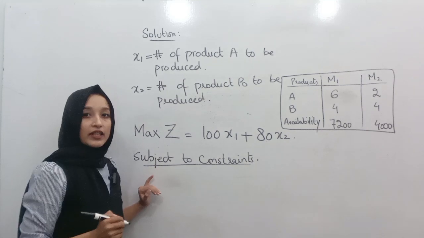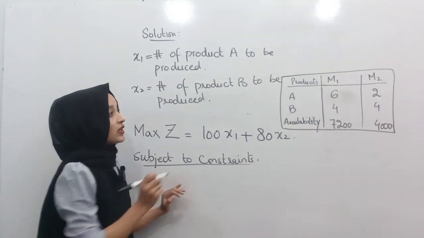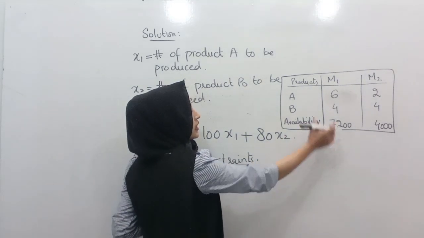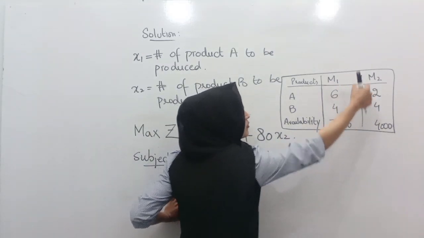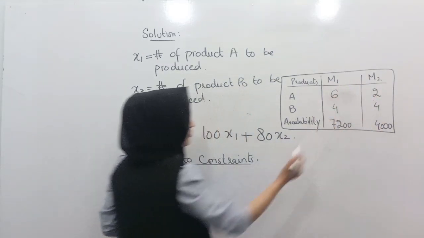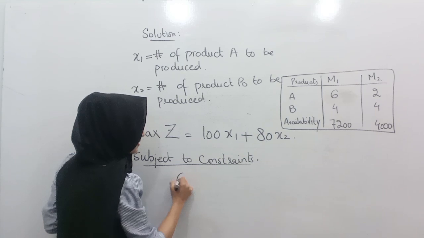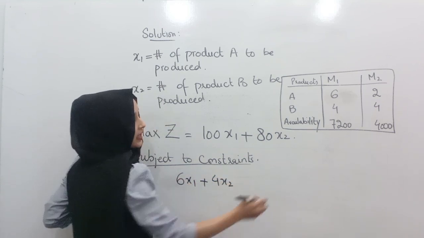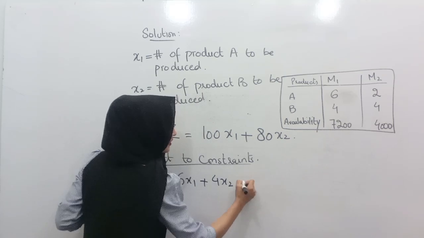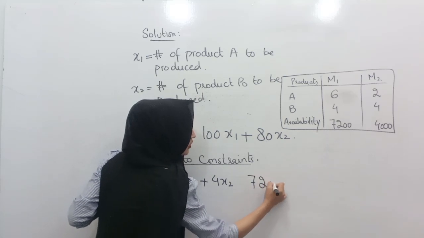Now we have to write the subject to constraints by using the following data. As it is given the availability of machine 1 and machine 2, we write the constraints as 6x1 plus 4x2 and the availability is 7200 hours.